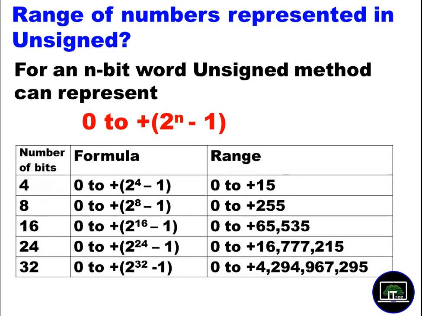That means if you use 4 bits as the word length, you can represent the numbers from 0 to 15. Remember that it has no sign, so you can represent only positive numbers. If you use 8 bits, the range becomes 0 to 255. Likewise, we can work out the range. So remember the formula: 0 to 2 to the power n minus 1.